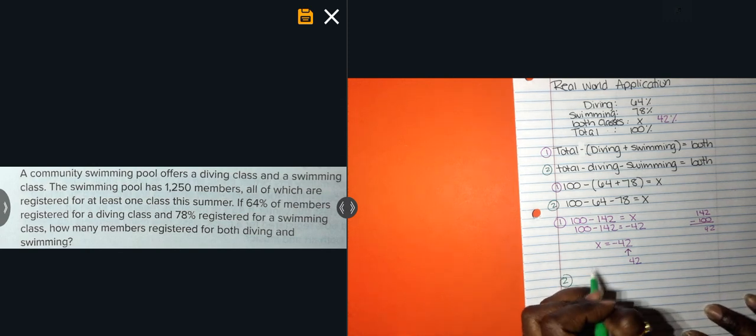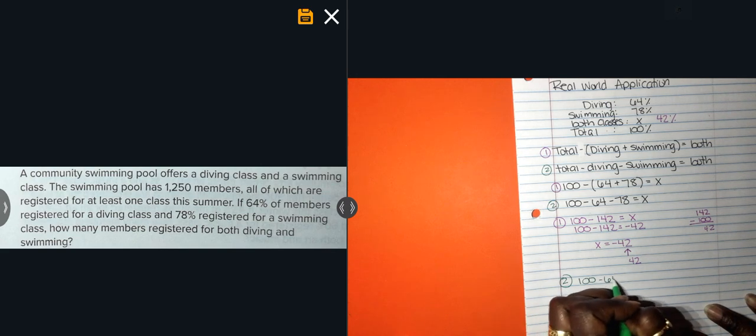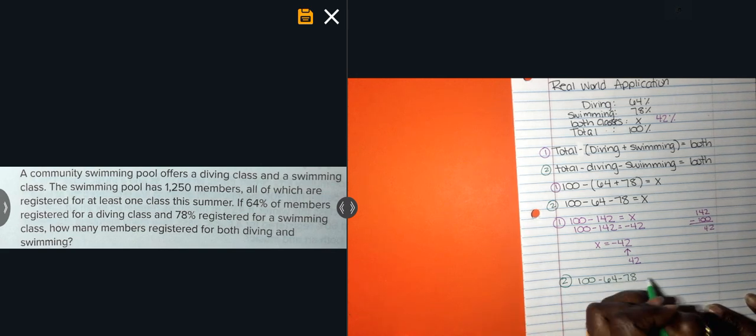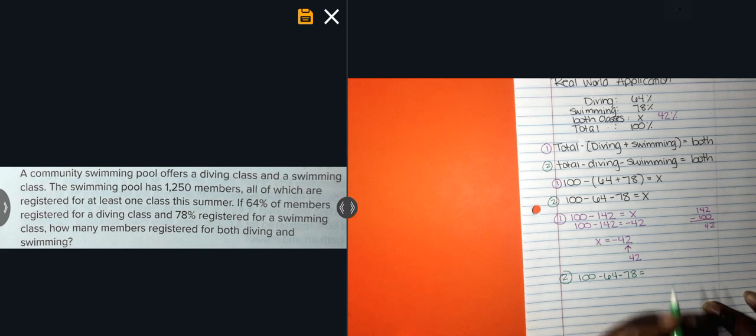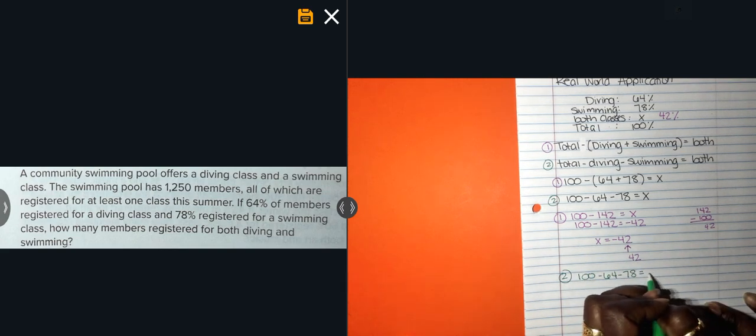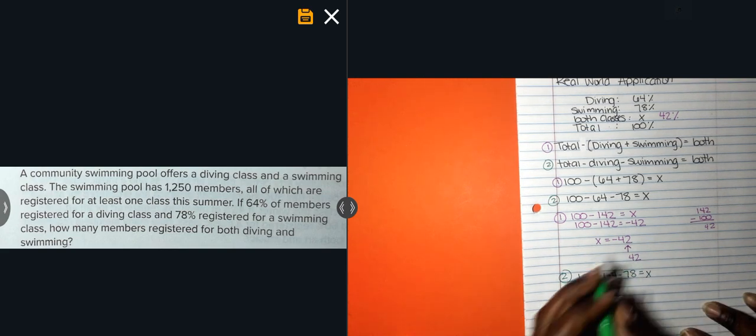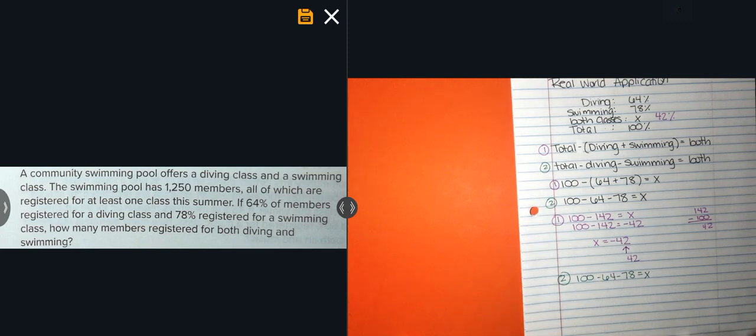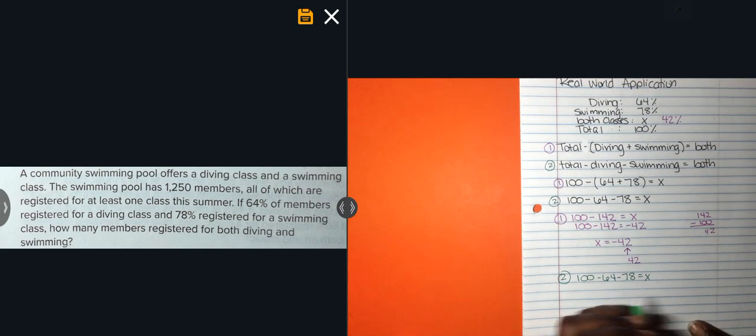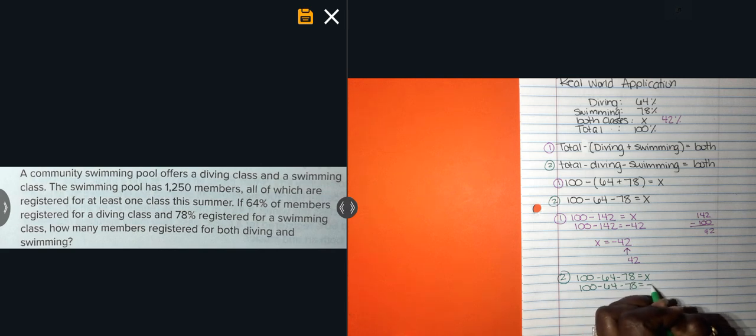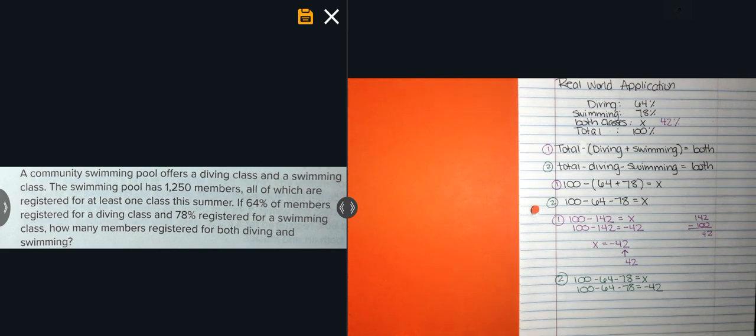So 100 minus 64 minus 78 equals X. All right, so that gives me negative 42. Same thing that we had before.